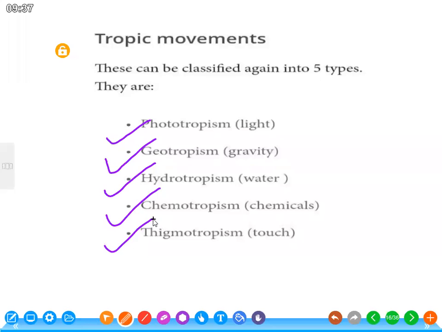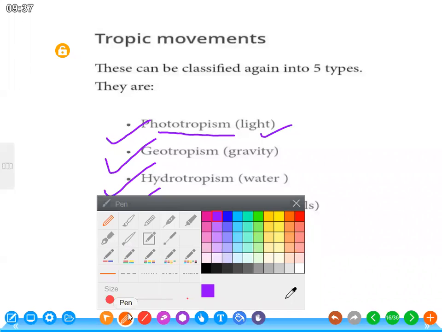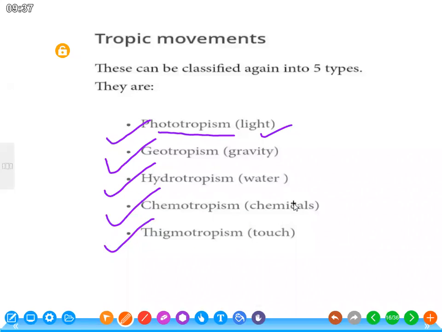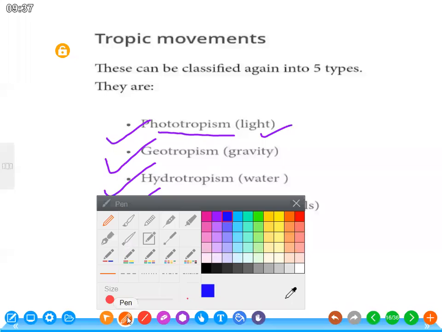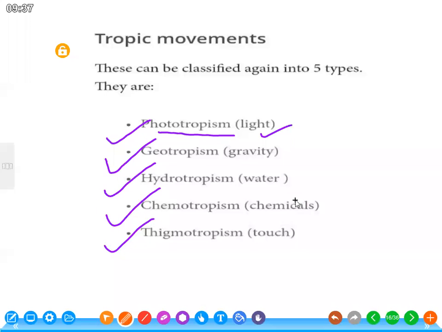The stimulus for phototropism is light. The stimulus for geotropism is gravity. The stimulus for hydrotropism is water.